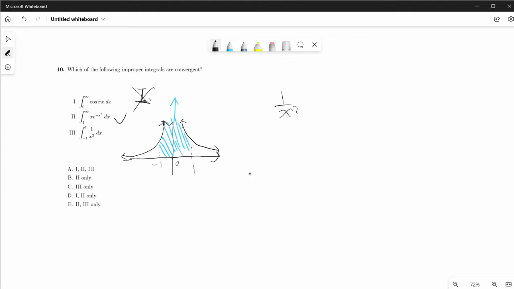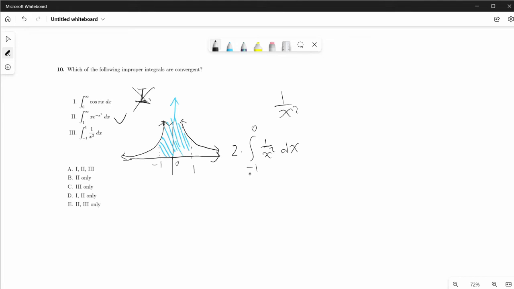So you can take the integral from -1 to 0 and then 0 to 1, and those will be the same due to symmetry. You can just say 2 times the integral of 1 over x squared dx from -1 to 0.